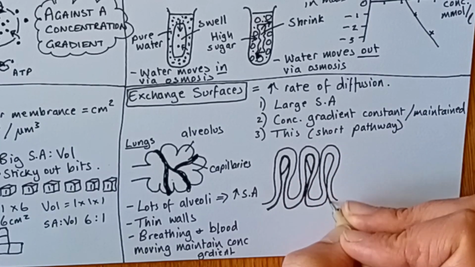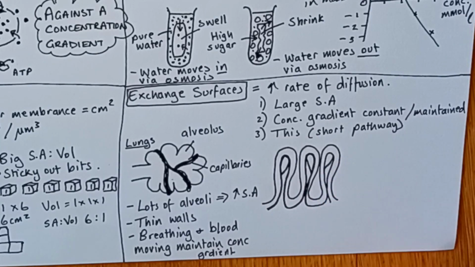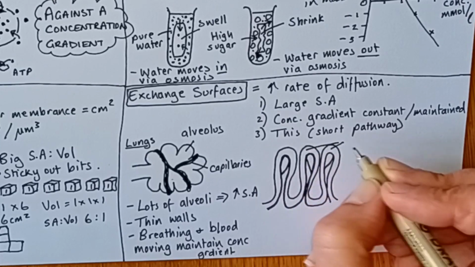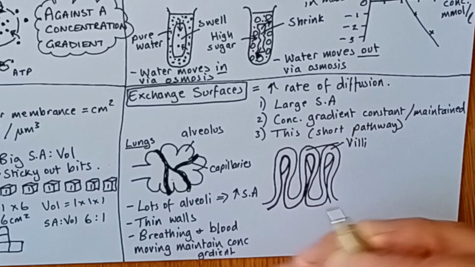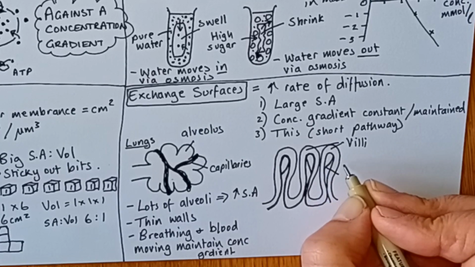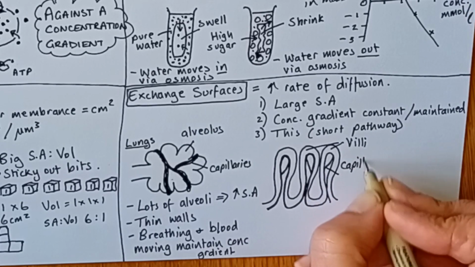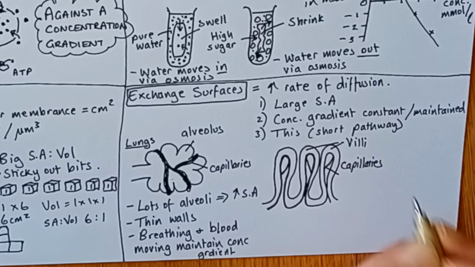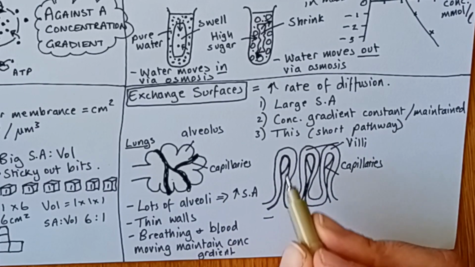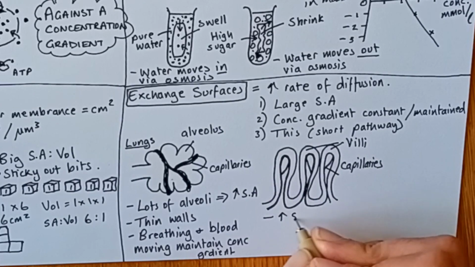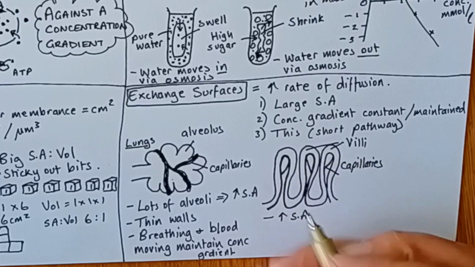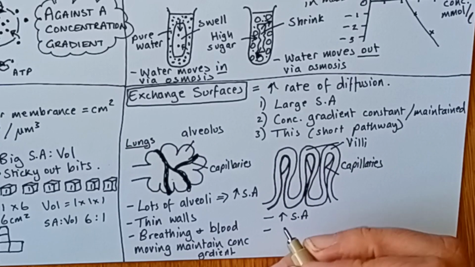So here we go, lots of capillaries. So these are called villi. These are the capillaries. And again, just like here, we've got lots of sticky out bits, so we've got an increased surface area. Thin wall of the villi, thin wall of the capillary.